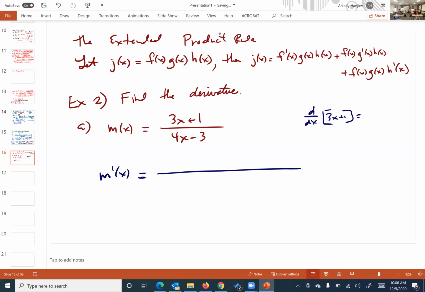Would it just be 3? 3, I go with that, yep. And then the derivative of 4x minus 3. Is it 4? 4 would work just fine, yep. All yours. Can you guys do the quotient rule on this guy?